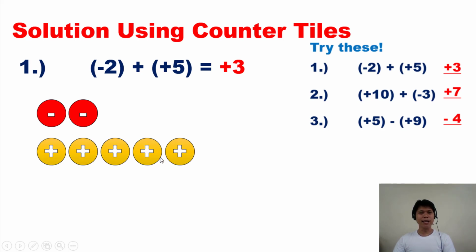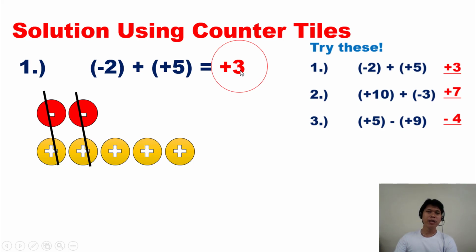Next, we apply the zero pair. We cross out or cancel out these two, and there is a remaining of 3 positive tiles. 1, 2, 3. The answer is positive 3. And this is correct. So by using the counter tiles, adding or subtracting integers could be done more easily.